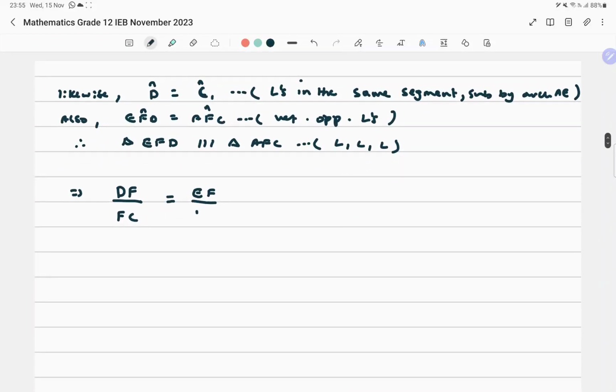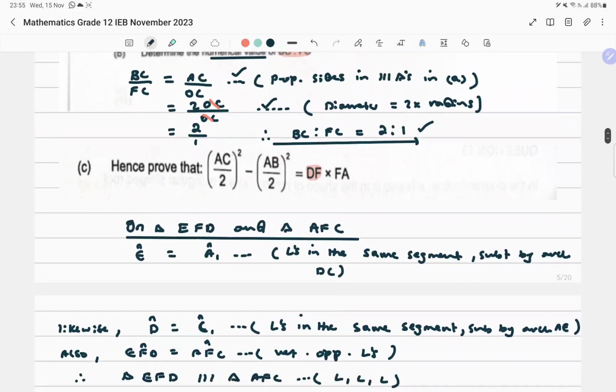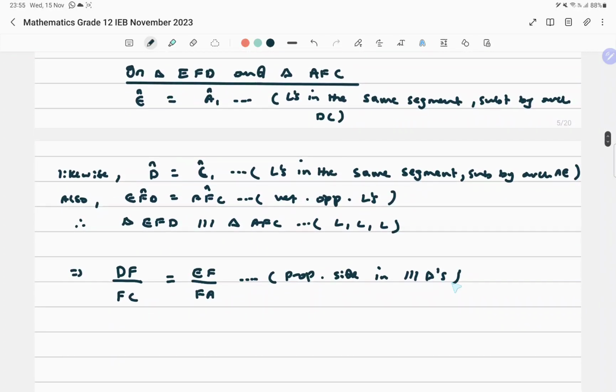Alright, so that would be FA. So this thing is almost there. So this is now proportional sides in similar triangles. Okay, we just proved them here.